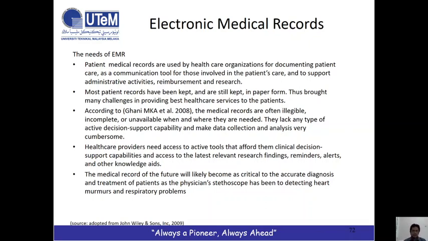Normally the healthcare organization uses the EMR system for documenting patient care: documenting their patient demographics, their clinical findings, their financial matters, their referral letters, and appointments, managing the appointments, and so on.